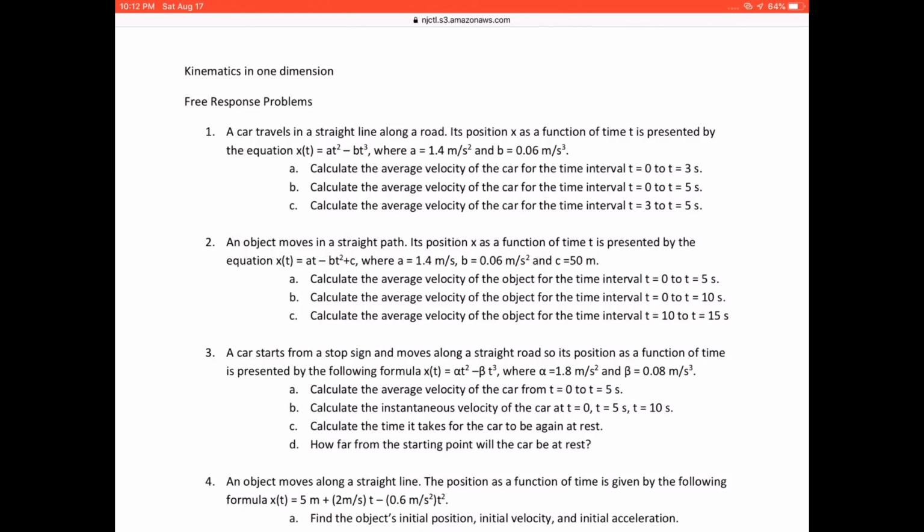A. Calculate the average velocity of the car for the interval t is equal to 0 to t equal 3 seconds. For B, we're going to do the average velocity from t equals 0 to t equals 5. And for C, we're going to do it from t equals 3 to t equals 5 seconds.